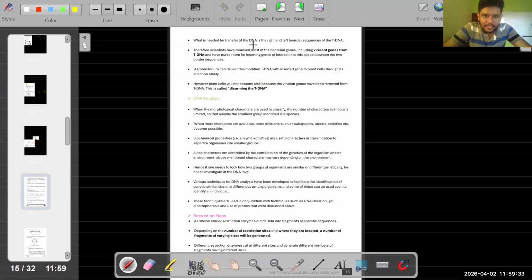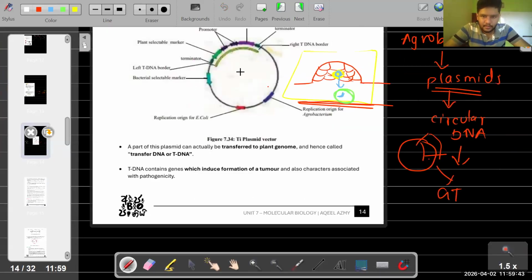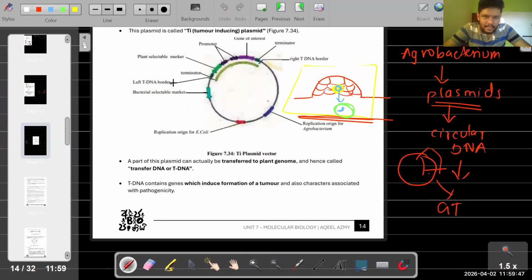What is needed for the transfer of DNA is right and left border sequence of transfer DNA. Let's see. Now, see here. The yellow color one is the transfer DNA and it contains left transfer DNA, right transfer DNA.